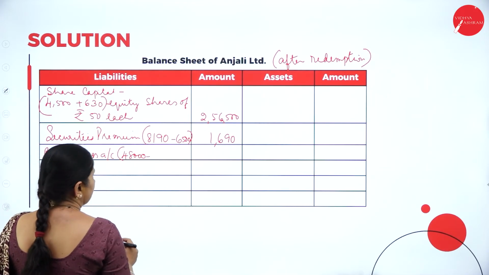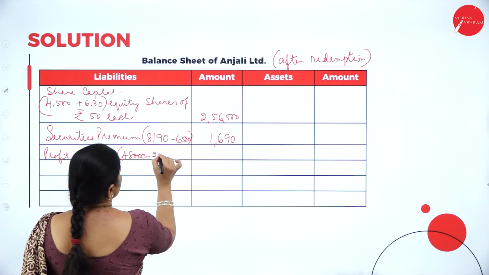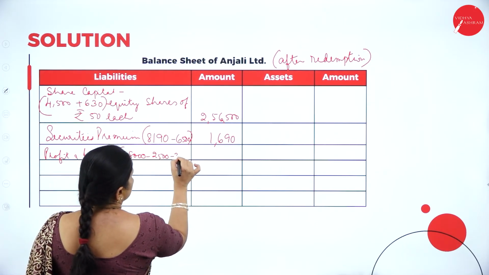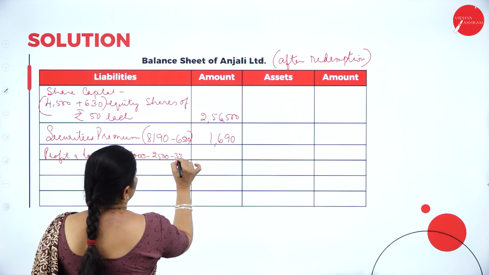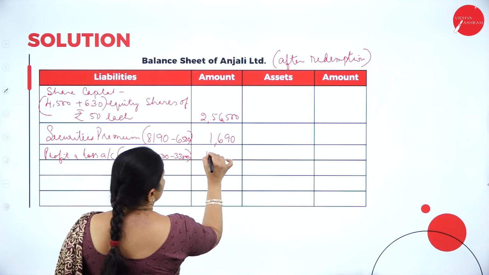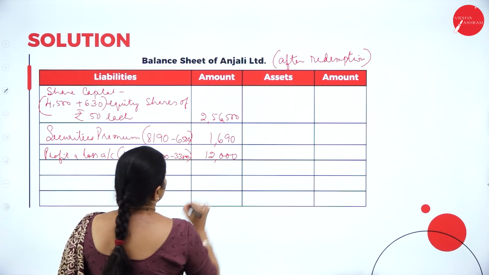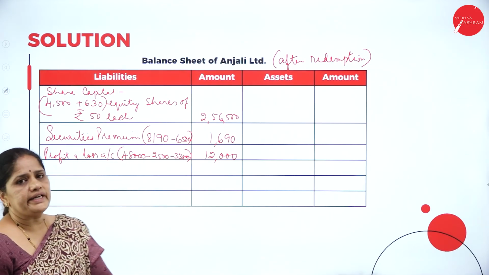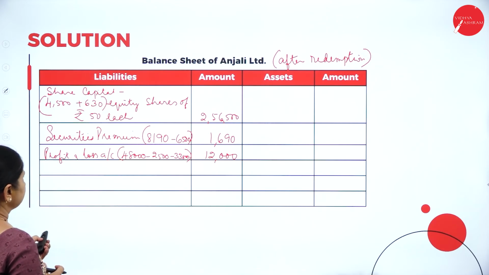Then profit and loss account. 48,000 minus 2,500 minus 33,500. So the balance will be 12,000. They told us to retain it at 12,000.